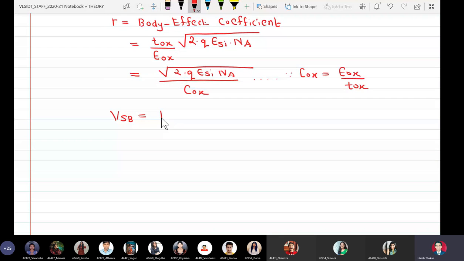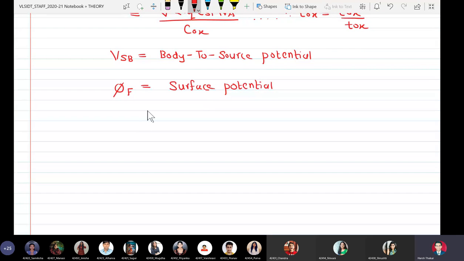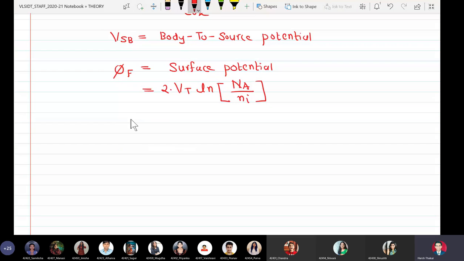VSB is the source to body voltage. Phi f is known as the surface potential, which is given as 2 times the voltage equivalent of temperature into natural logarithm of acceptor impurity concentration upon intrinsic concentration.